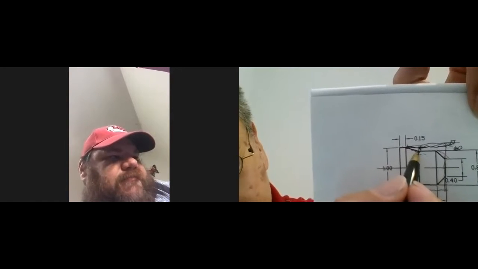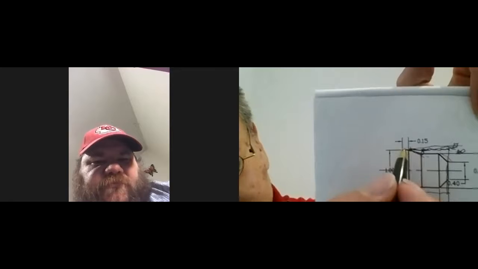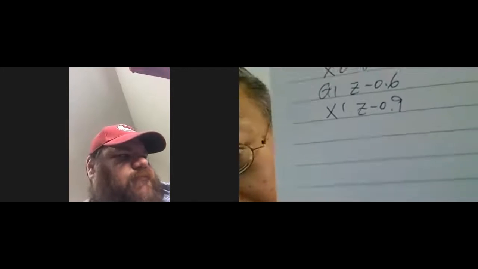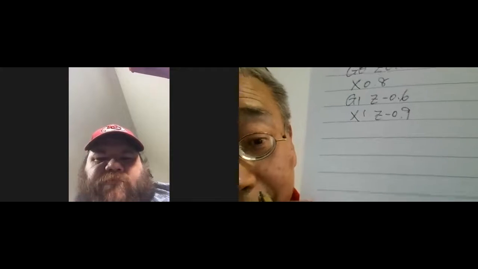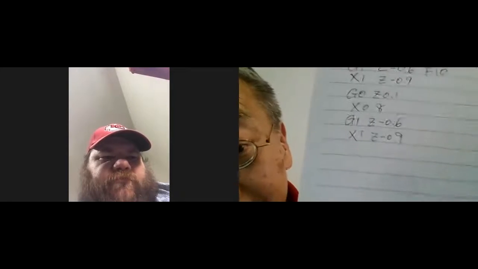Now you're here. You want to make this cut, and you just enter the coordinates because you are in the cut mode. You enter the coordinates. X negative 0.9. That's going to cut that. You see this?